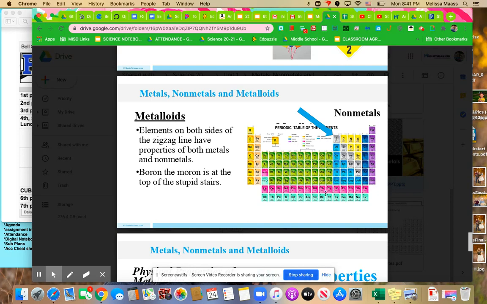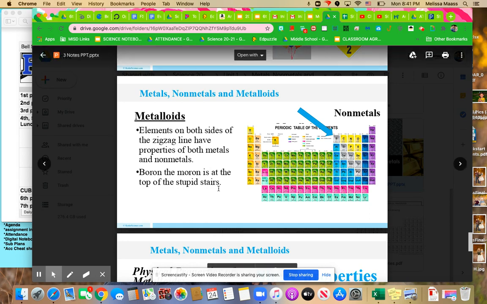And believe it or not, this periodic table is still growing. It's not over yet. Like, we can find more elements out there, and it could get bigger as the years go by. But the metalloids, I usually call the babies of the metals and nonmetals. And that's because it's going to have like properties of both metals and nonmetals, if you will. It's almost like the baby of both categories.